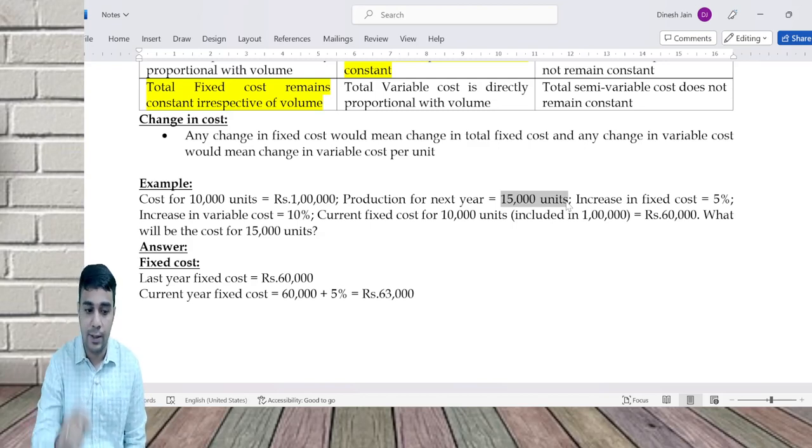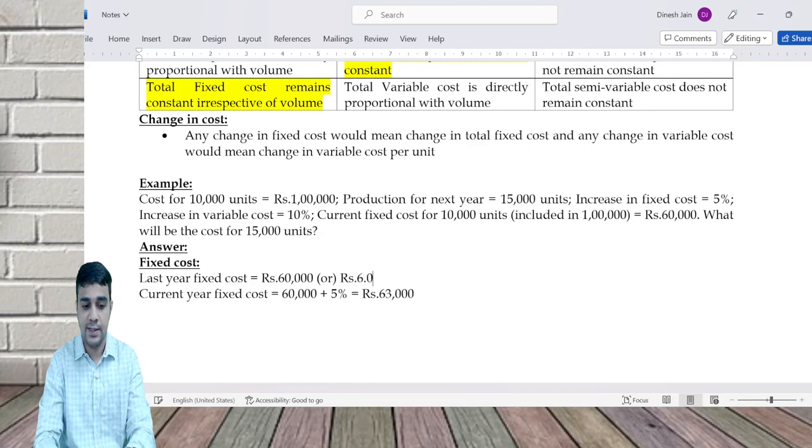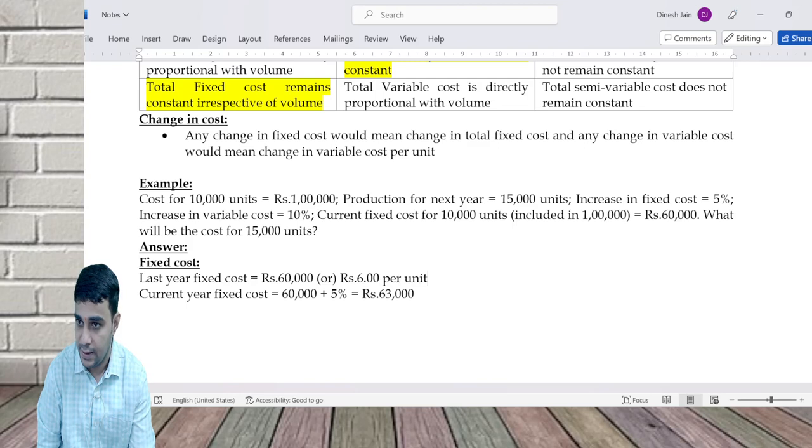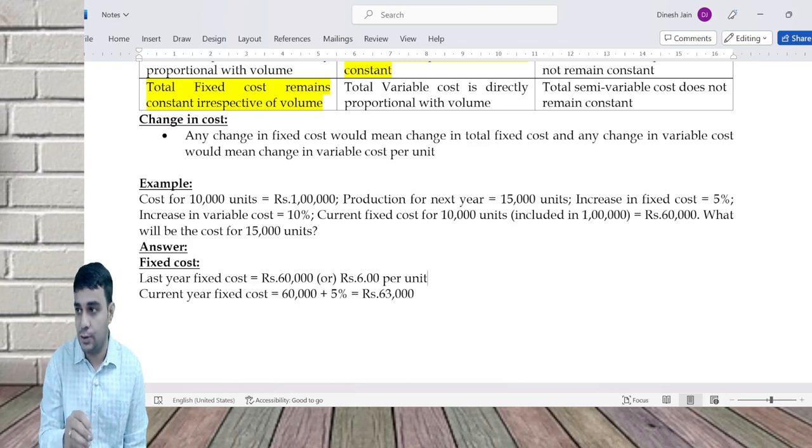If you get the per unit number, I can say 60,000 last year, 6 per unit. This is the last year number, but the 6 per unit is of no use, because if you apply on 6 rupees, you will then multiply with 15,000 units, because next year the units have gone up. But the only thing is my rent cost does not change whether I have 100 students or 50 students or 20 students.